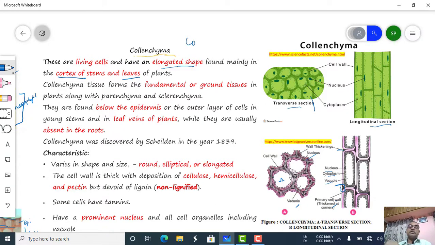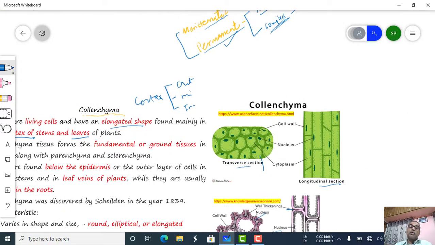Cortex itself is divided into three categories: outer cortex, then middle cortex, and inner cortex. Here the outer cortex is usually considered as the hypodermis, the middle cortex is generally considered as the general cortex, and the innermost layer of the cortex is generally considered as the endodermis.